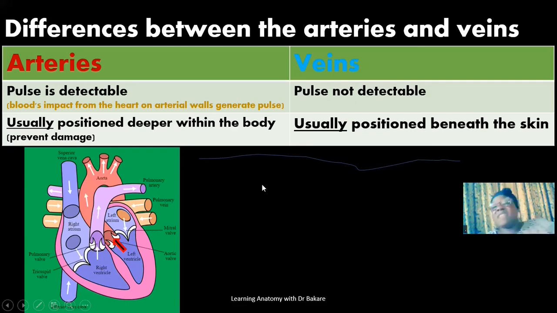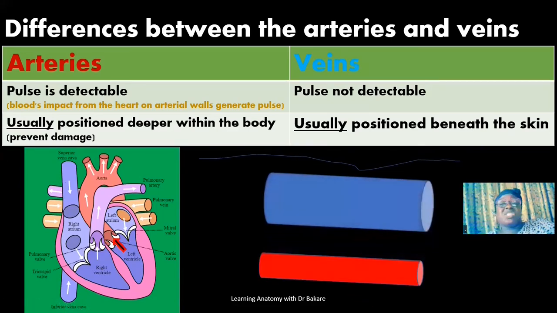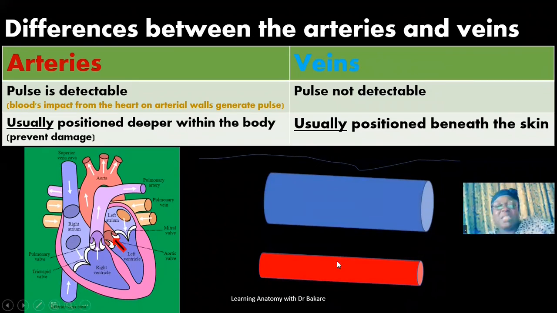The position of the arteries and the veins in the body are different. The arteries are usually positioned deeper within the body, while the veins are usually positioned more superficially. So we see the veins positioned more at the subcutaneous region, while the arteries are usually positioned deep in the body. This is to help prevent the damage of the arteries.